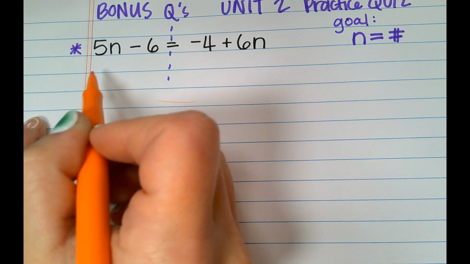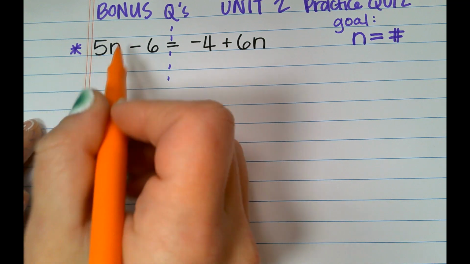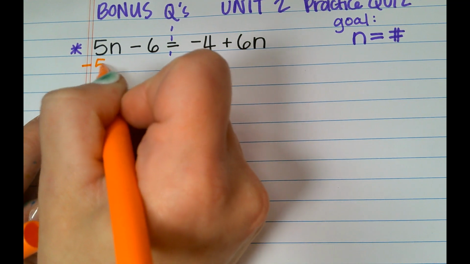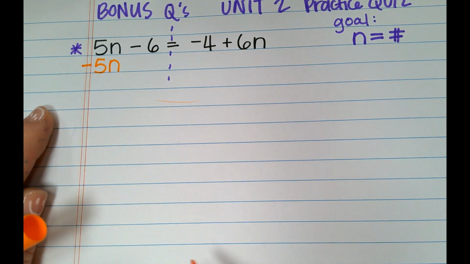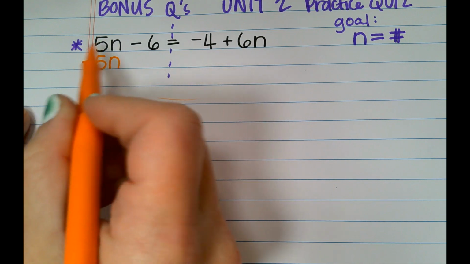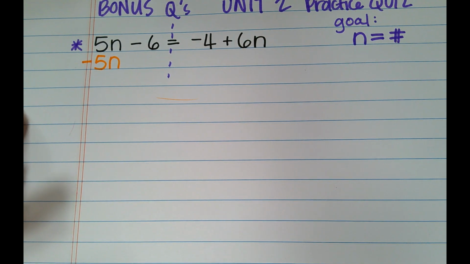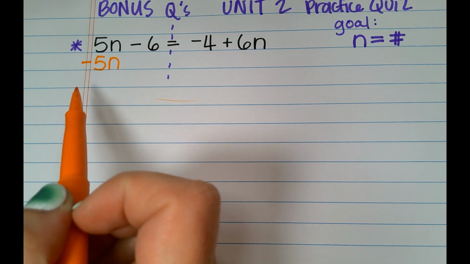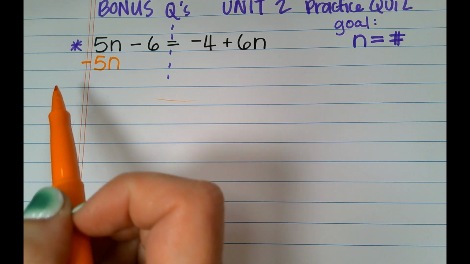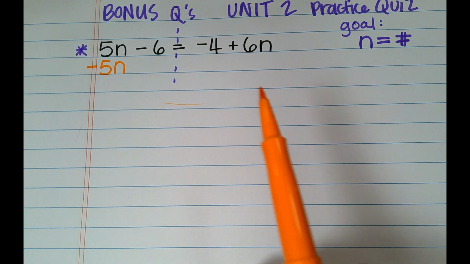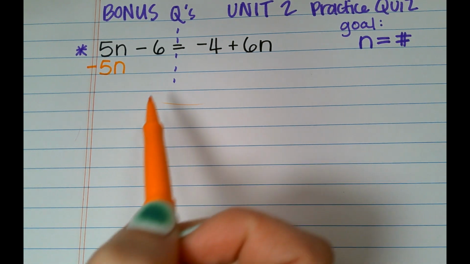But you said to get rid of positive 5n, we need to subtract 5n. How do we know that's a positive 5n? Because there's no negative sign. If there's no sign, it's positive. That's a great question though, because I kept getting confused about that, because the sign wasn't there. And it's easy to forget that.